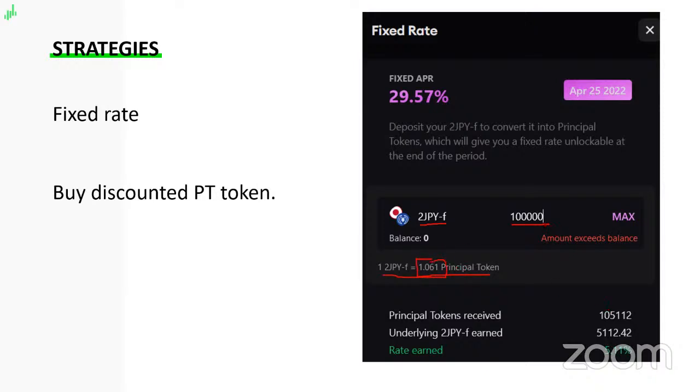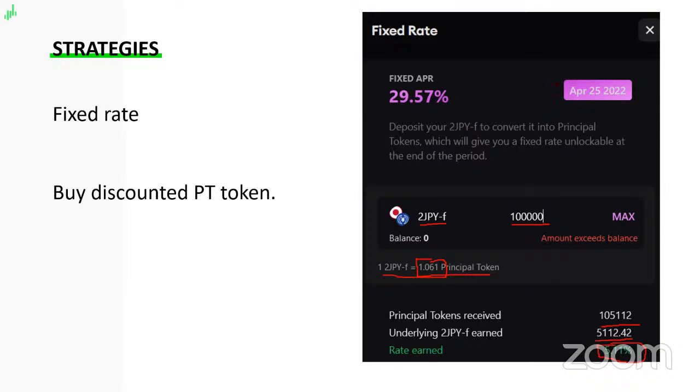So what does it mean? It means that if I sell 100,000 2GPY, I will receive 100,500 tokens. So basically, this is my profit, 5,000 2GPY token. So this is like basically $5. So the rate that I will earn will be 5.11% until the end of the period.